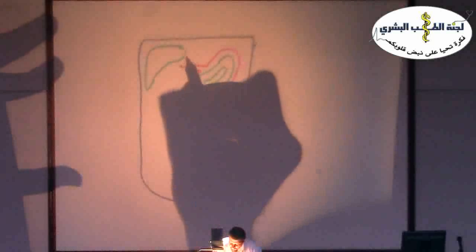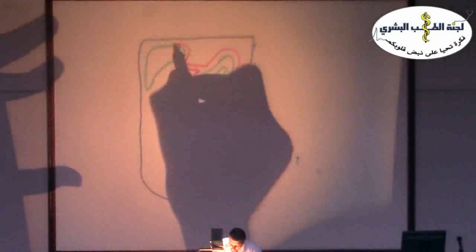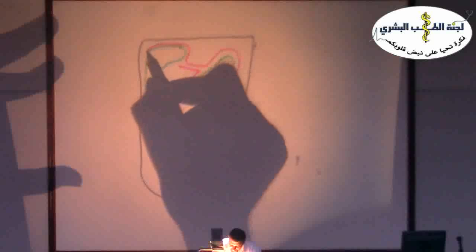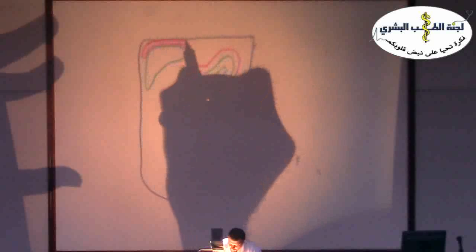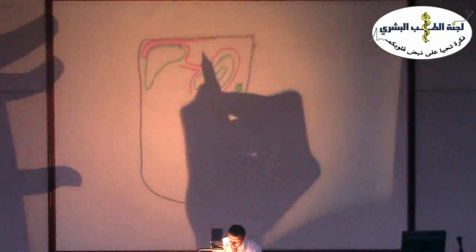The stomach is already covered by peritoneum. I need to cover the liver. So it will go like this, covering the surface of the liver anteriorly. Then it will reflect over the diaphragm here, covering the wall of the diaphragm. Here inside is the peritoneal cavity.